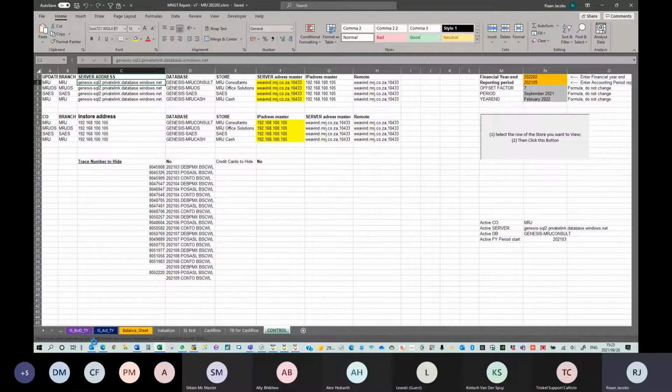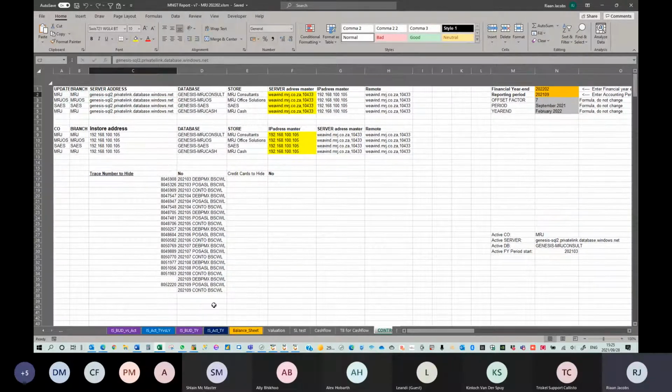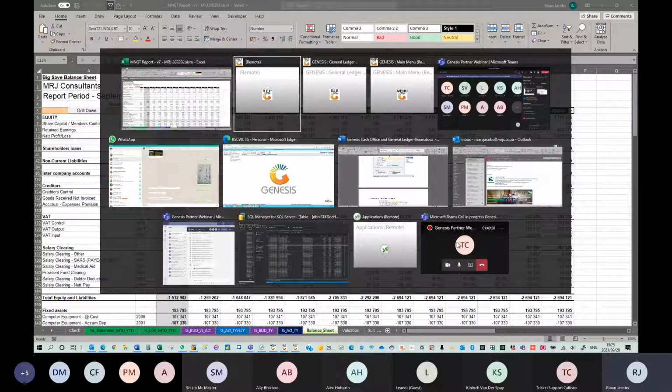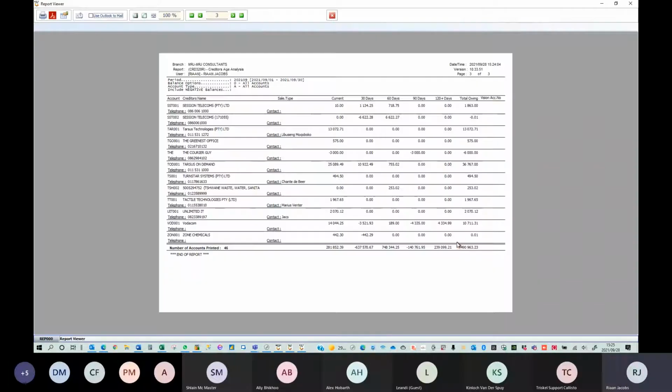I've almost done. Okay, if I then go to the balance sheet, it's sitting on 489,326 and my report is on 490. So maybe there's something that I posted in the meantime.